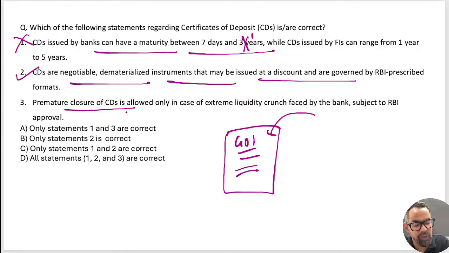Premature closure of CDs is allowed in case of extreme liquidity crunch faced by the bank, subject to RBI approval. There is a time duration of 15 days or something. Premature closure is possible, but it is 15 days or 30 days. This third statement should be wrong, I guess, because CDs premature closure can be done even in non-extreme situations, but there is a time frame.